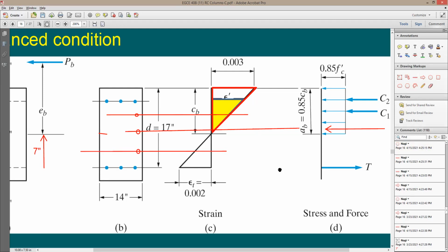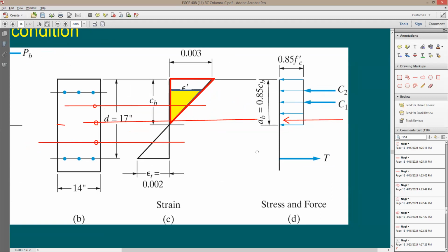It does work this way. You start adding more compression, you are shifting the CB and neutral axis and the compression block and all of that. But in this case, it's not going to happen because the location of this neutral axis is fixed. It's going to be based on this 0.003 and 0.002 and the total depth of the beam. It is not really related to the amount of reinforcing that you add here.